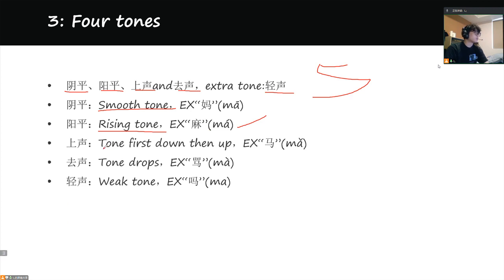When we use the tone first down, then up, it's pronounced as mǎ. The fourth one is the dropping tone, pronounced as mà. And the last one is the weak tone, pronounced as ma. We usually put the weak tone at the end of a question.